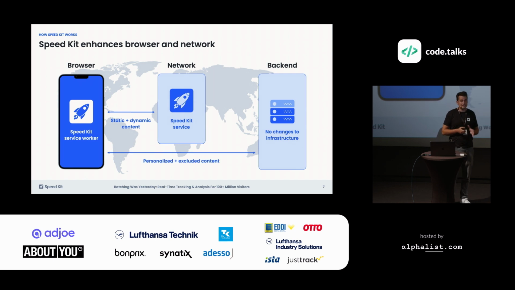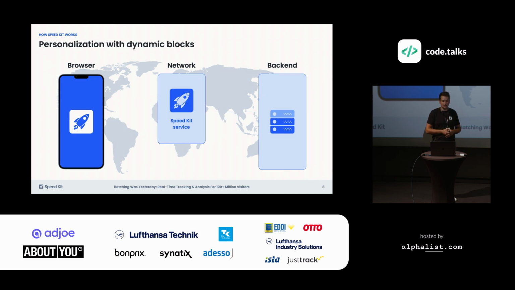The reason for that is that we want to ship the whole part that makes the website slow from there, and everything that's personalized, ship it directly from the backend. And the major part here is that during the whole loading process, we want to measure exactly what goes on, if the performance is good, what kind of errors might be seen.